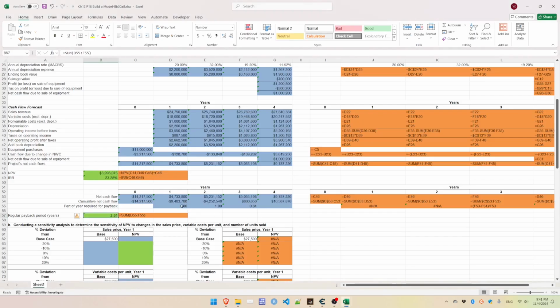The more comprehensive way to do it is to use an if statement. That is to say, if this is negative, it means you haven't paid back, so it's a 1. Otherwise, it's going to be whatever we put in the year 3 number.